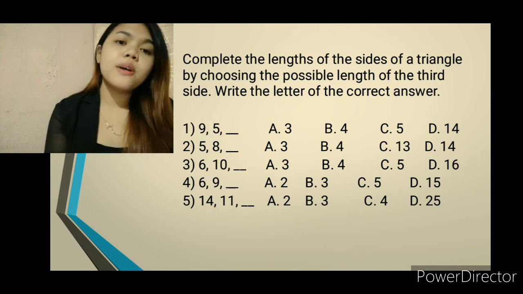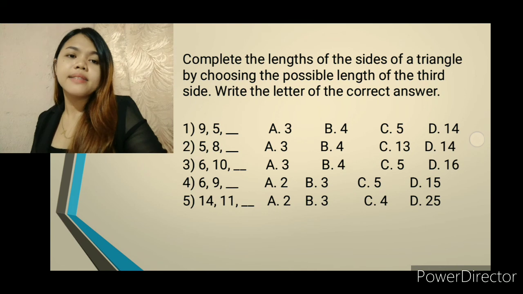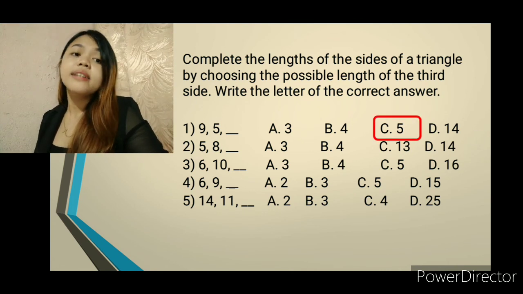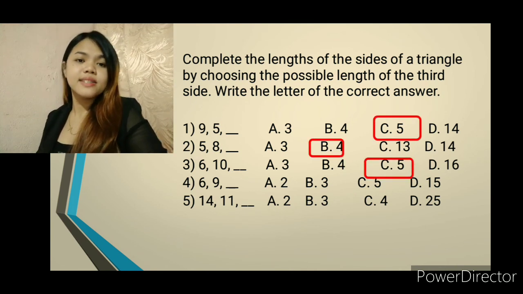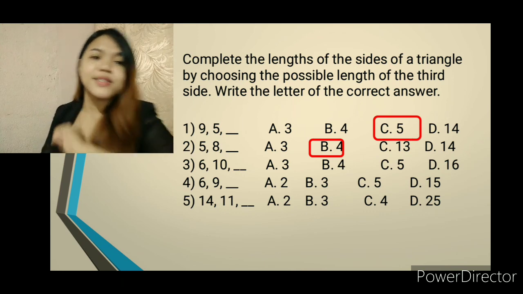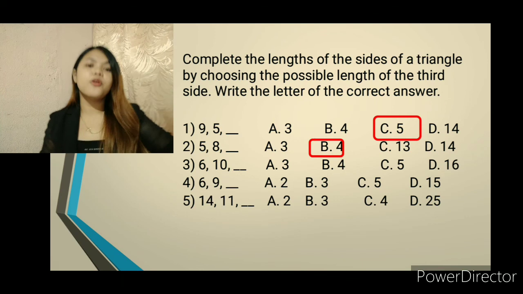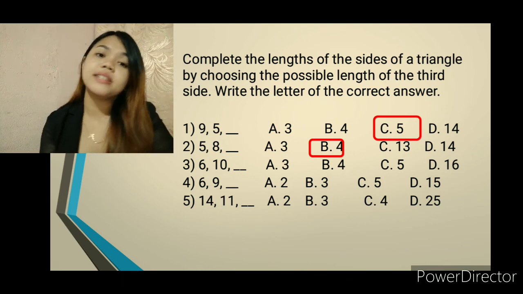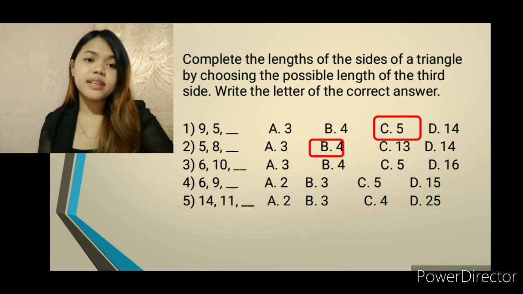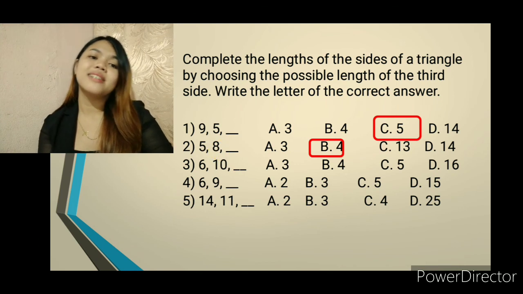Okay, how about number 2, 5, 8, and the correct answer here is letter B. Okay, so that is 4, because when you add 5 and 4 it equals 9, and 9 is greater than the third side, which is 8.